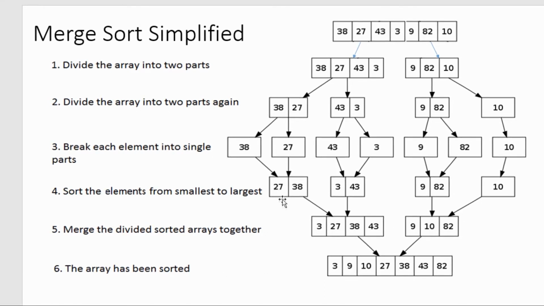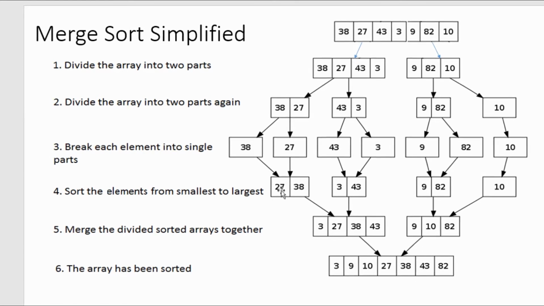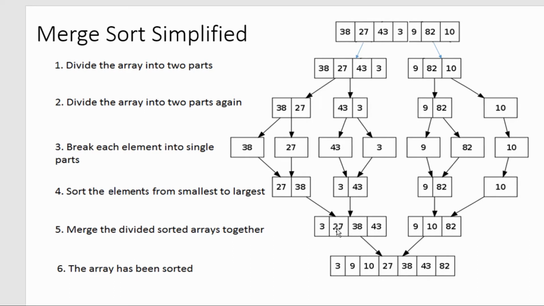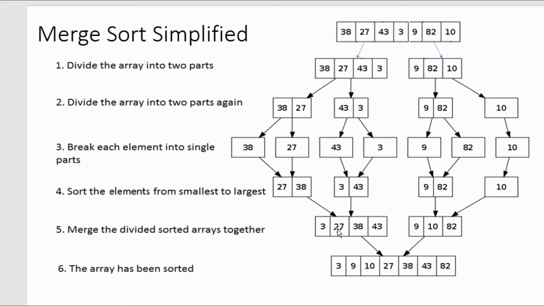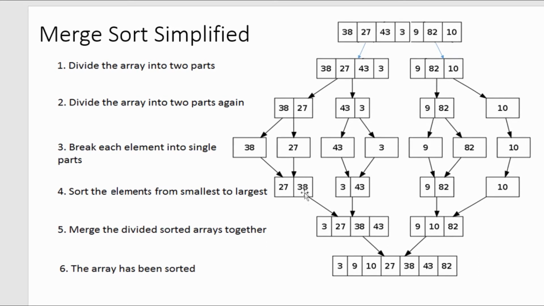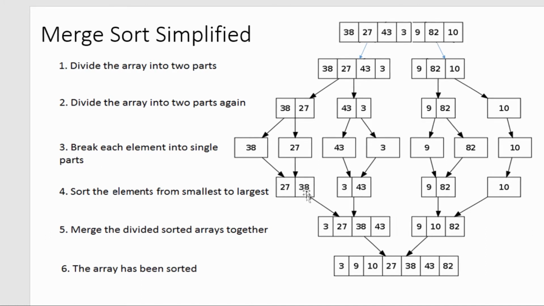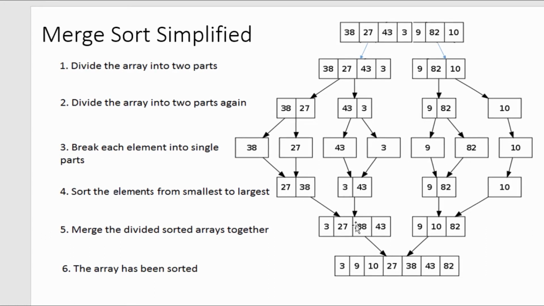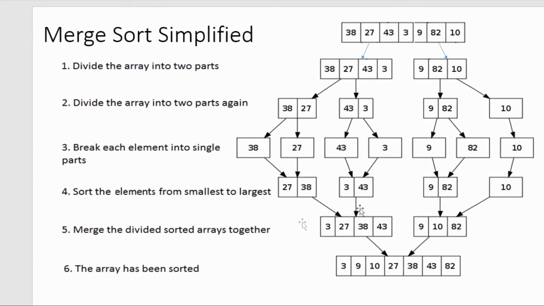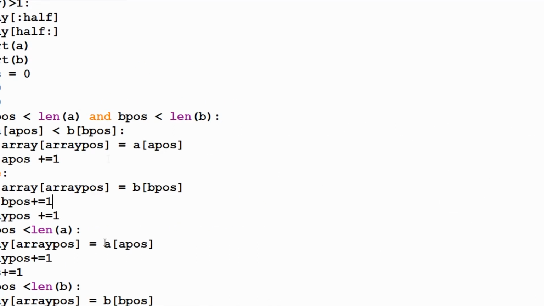In this case we would have to append the 27 because it's less than 43. Now we come back and compare these two items, 38 and 43, and obviously 38 is less than 43, so that one goes there, and then there's only one left, so we put that one there, and so on. So that's effectively what that little bit of code is doing.